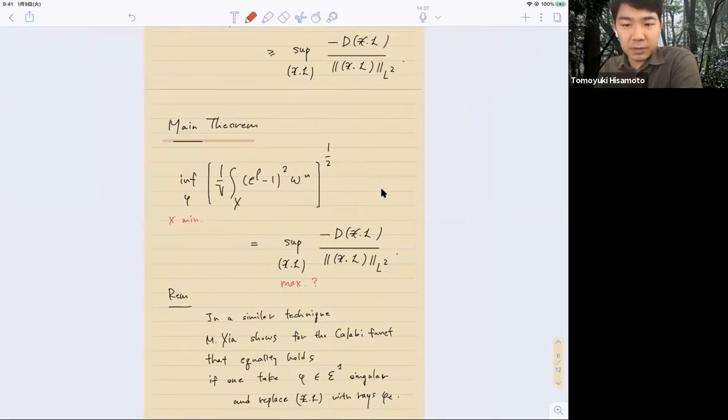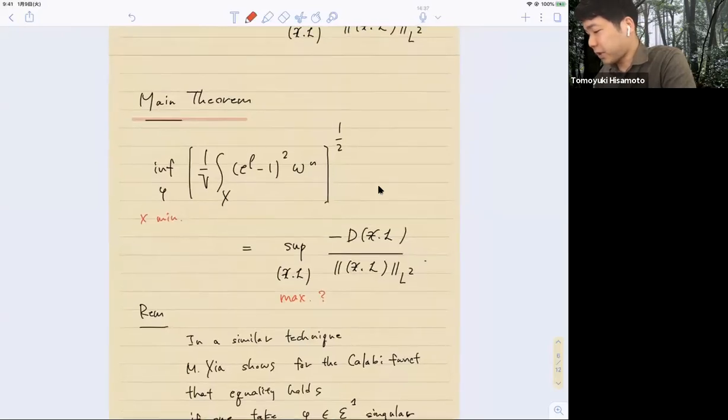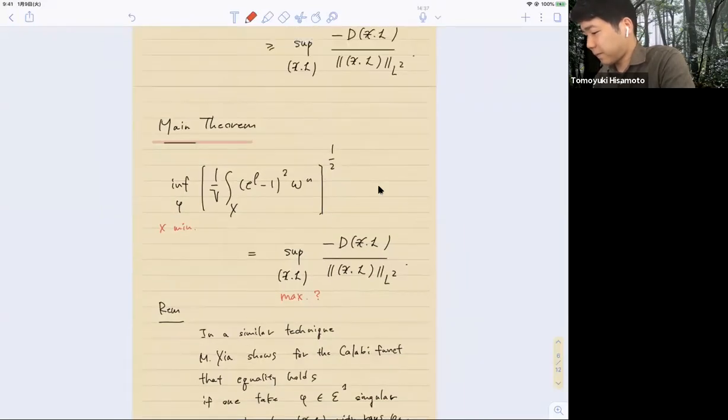Irrational. Yeah, so if you want to make the supremum a maximum, then we should somehow extend the notion of test configuration, right? For example, we need to consider irrational torus actions.